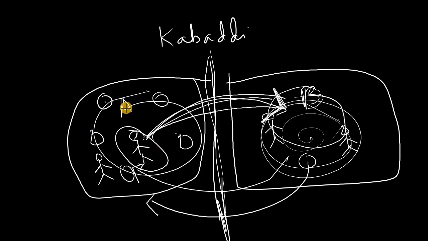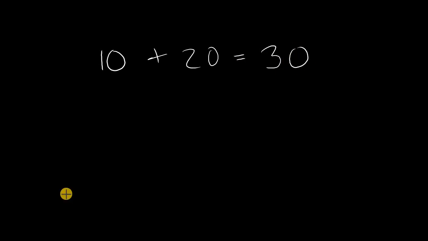Now, similarly in mathematics, you will see through this very basic example. Suppose, let me ask you, what is 10 plus 20? 10 plus 20 is 30. Okay, next question, what is 15 plus 15? 30.